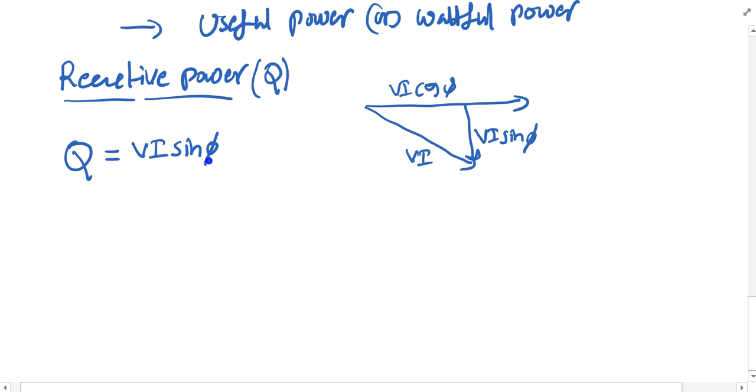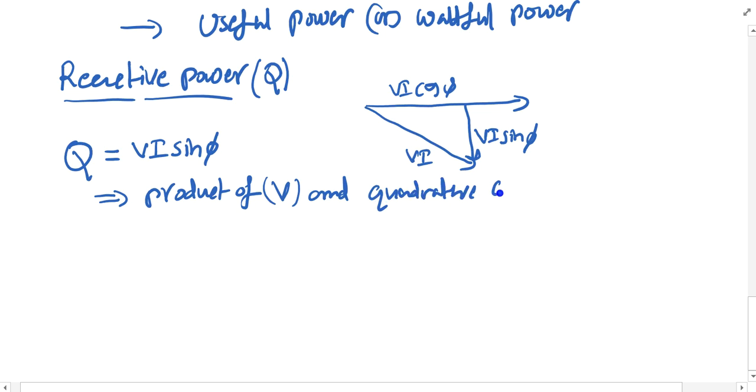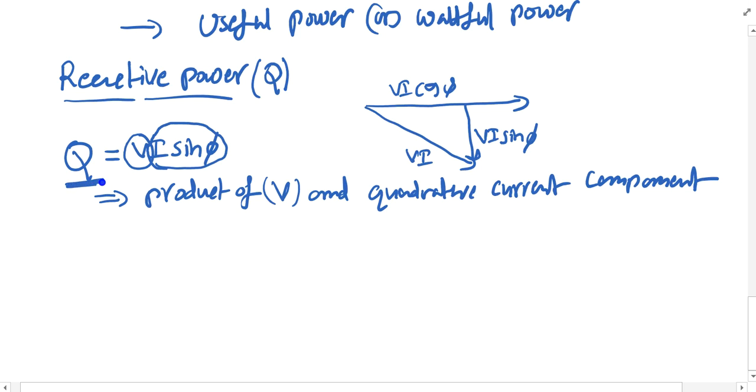It means that my reactive power is the product of voltage and the quadrature current component. What is the quadrature current component? This one. The product of these two gives the reactive power. So this is the definition.